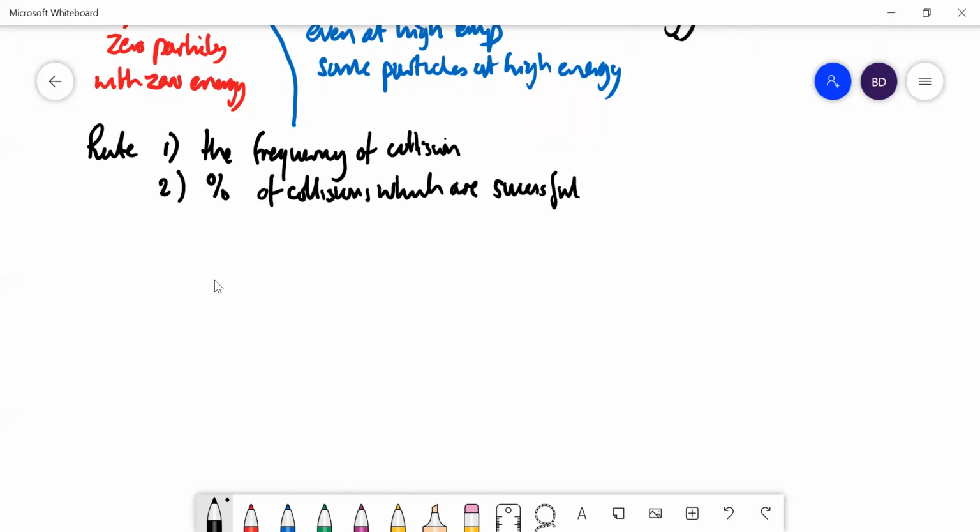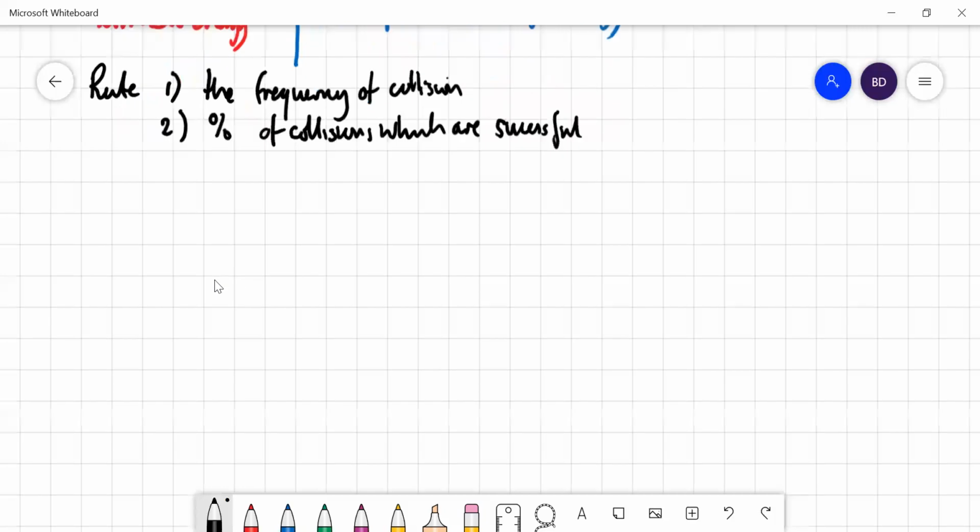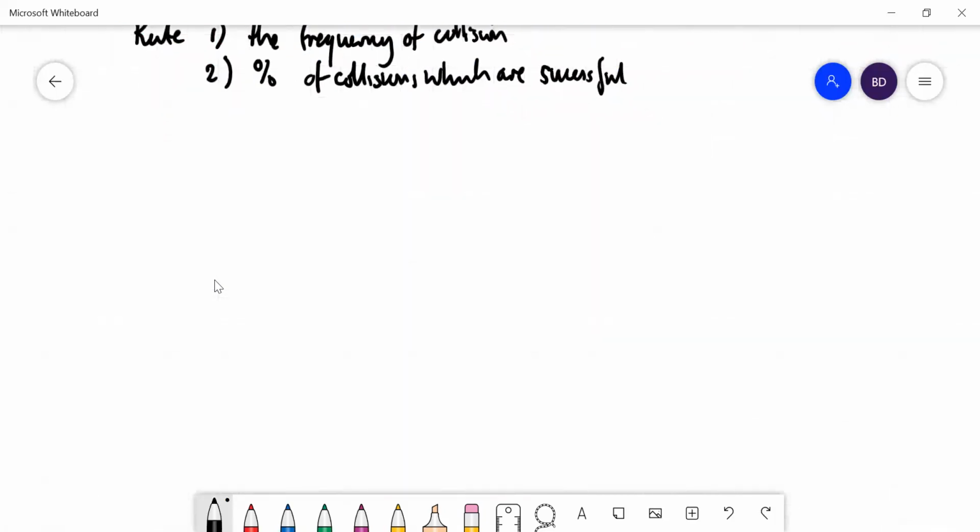I'm going to think about all the things that we can do to increase the rate of reaction. We can increase the temperature. This is GCSE stuff, really, isn't it? We can increase the concentration when we're talking about solutions.